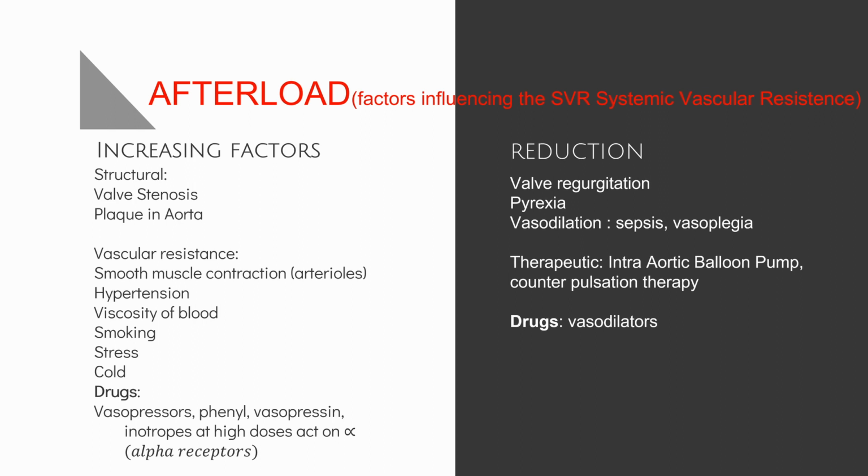It will increase our SVR, our systemic vascular resistance. Hypertension is exactly that. The viscosity of blood will increase your afterload. So if your blood is very thick, like the double thick milkshake, it will be more difficult to eject.